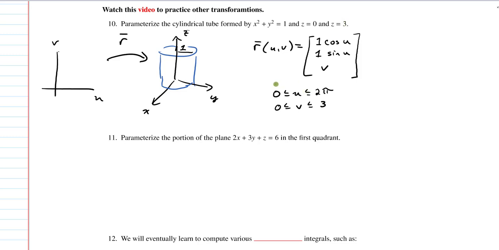So if we look at this region, this region I'm going to call R, folks. This region R, which is the domain of the transformation, if we look at it in UV space, looks something like this. Let's see here. Here is where U equals 0. Let me do this in green.